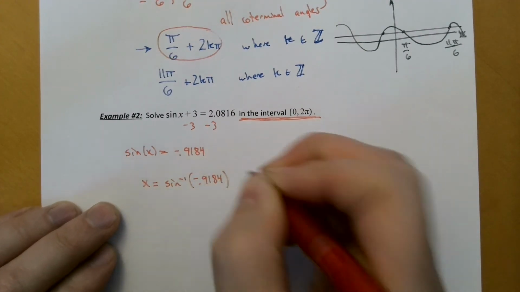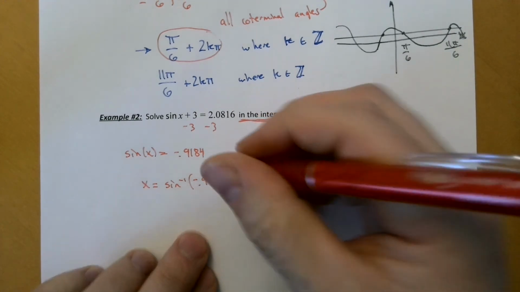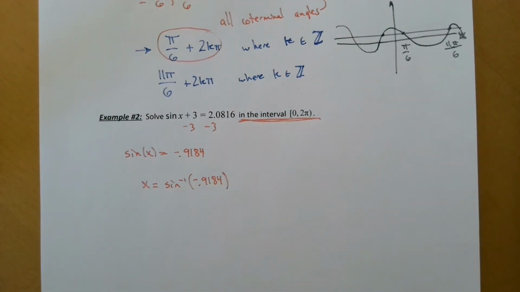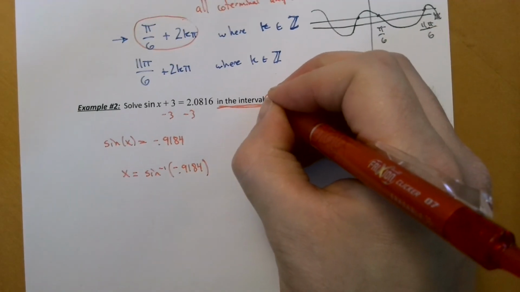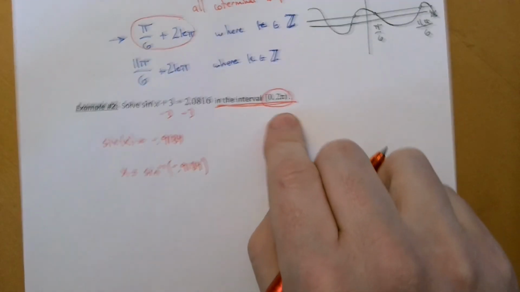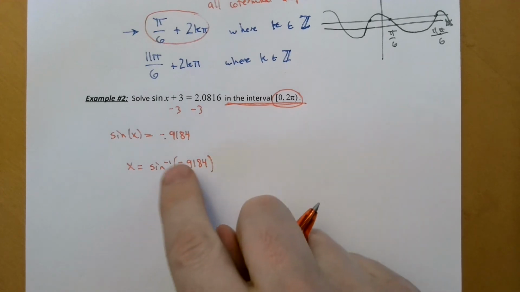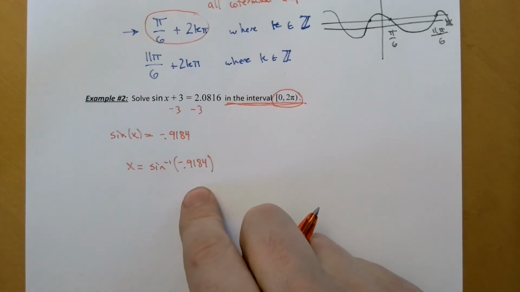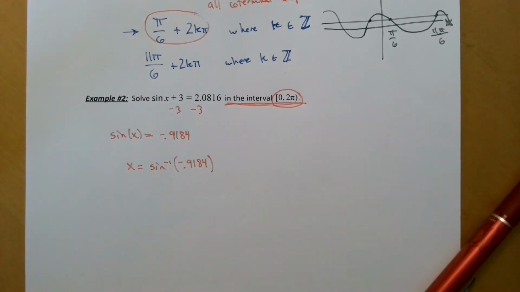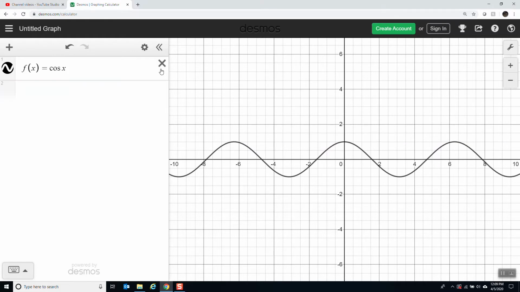Now, recall that Desmos and our calculator will give us either radians or degrees. Because the restricted interval is in radians, we should provide radians for this. So let me switch to Desmos real quick, and let's check out what those solutions are.